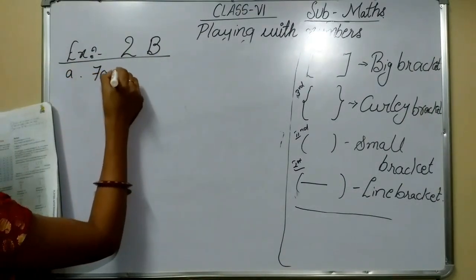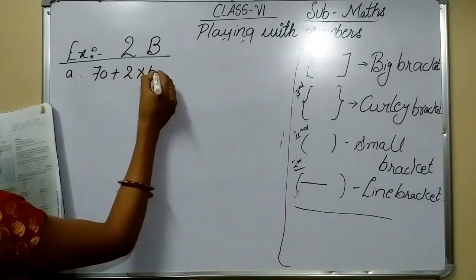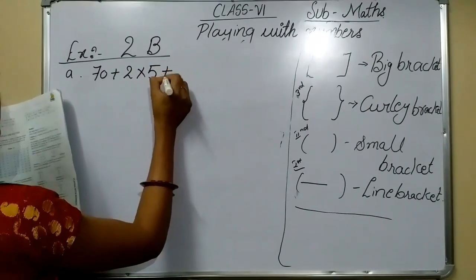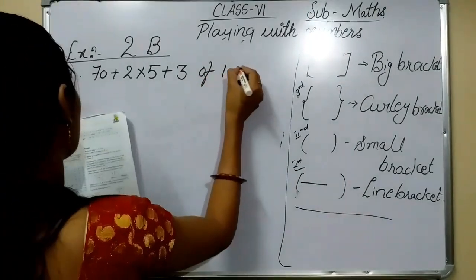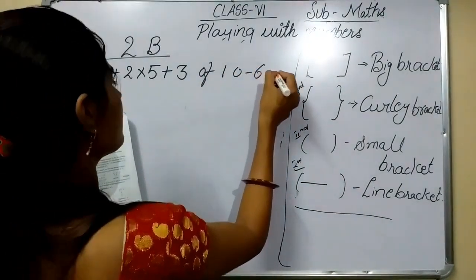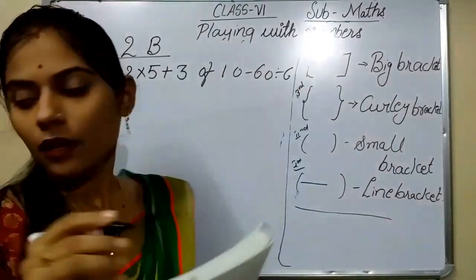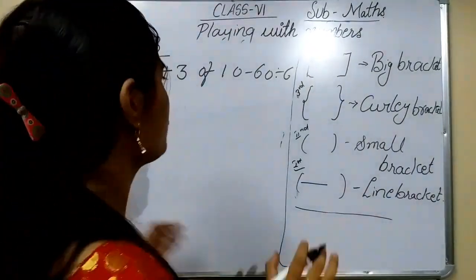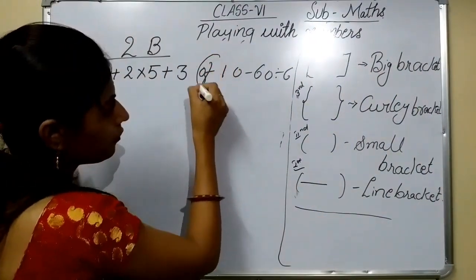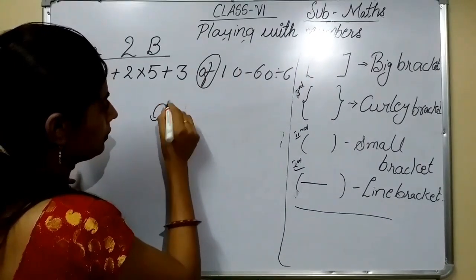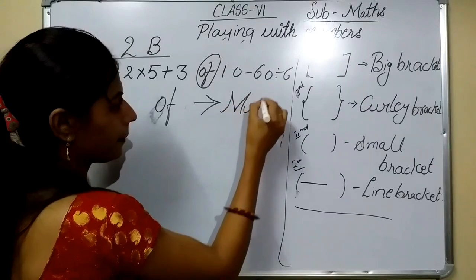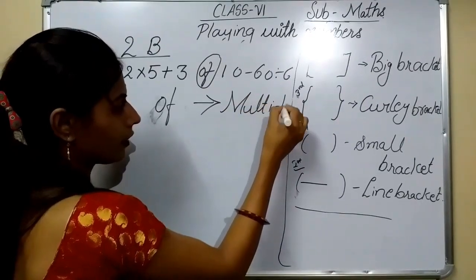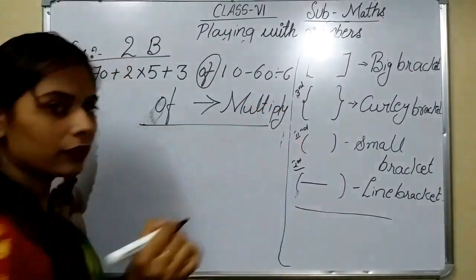70 plus 2 into 5 plus 3 of 10 minus 60 divided by 6. First of all, I want to say that you have to remember, of means multiply.